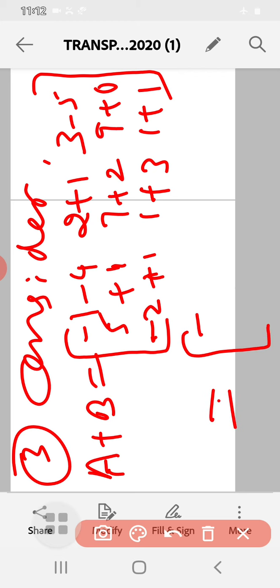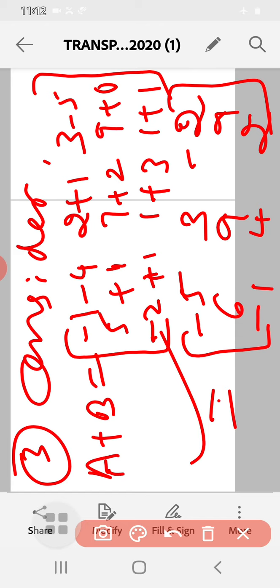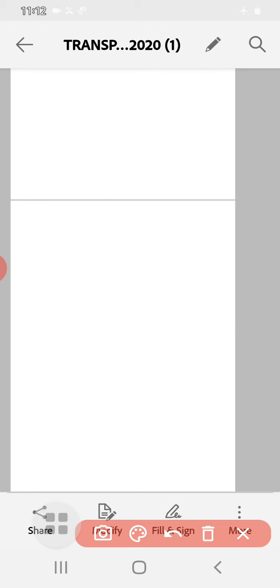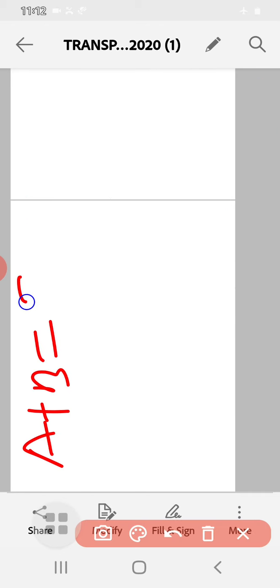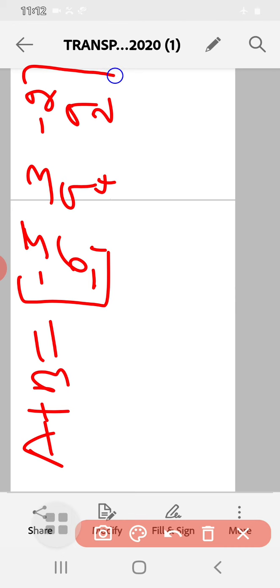Then what I should write? Minus 5, 3, then minus 2, 6, 9, 9, then minus 1, 4, 2. So this is A plus B. Okay, so what I got was A plus B is equal to minus 5, 3, minus 2, 6, 9, 9, minus 1, 4, 2.